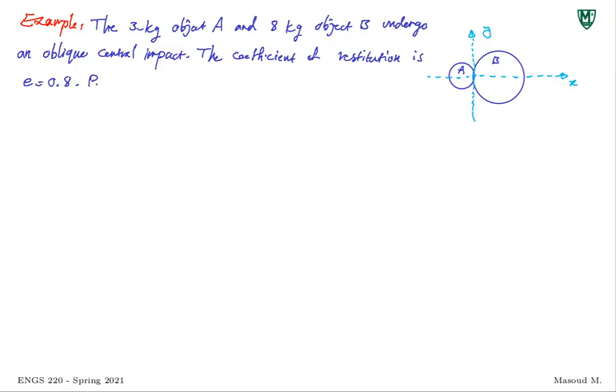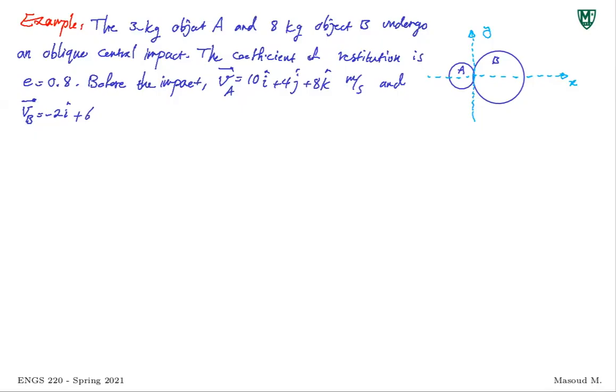Before the impact, VA is 10i plus 4j plus 8k meters per second, and VB is minus 2i minus 6j plus 5k meters per second.